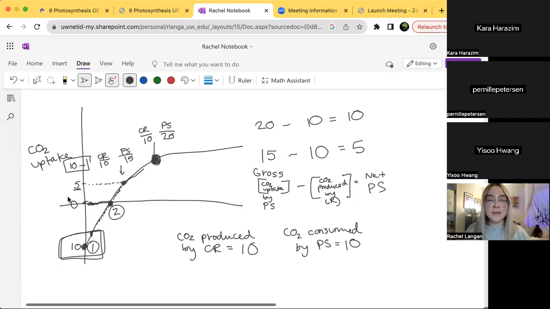That number is the amount of photosynthesis minus what's happening with cellular respiration. So this is actually telling you your net photosynthesis. And if I want to know the total, it's going to be whatever this is plus the amount it's compensating for from cellular respiration. Okay, that makes sense.